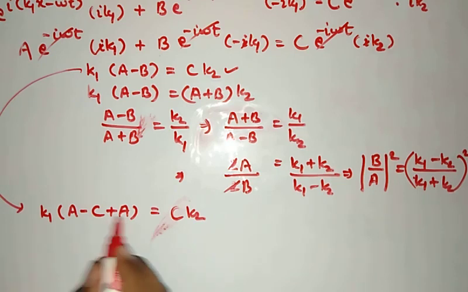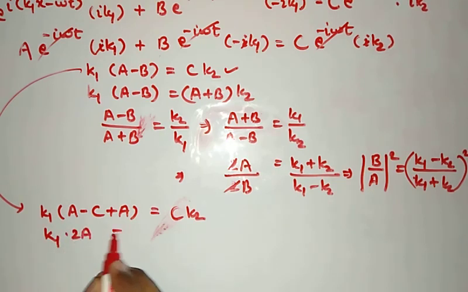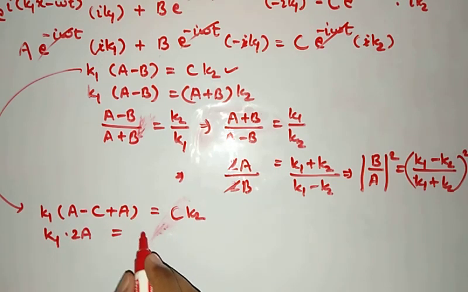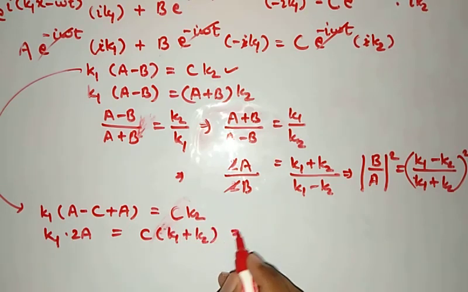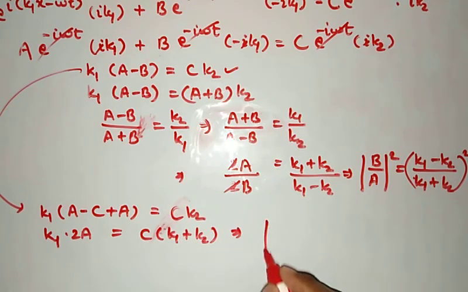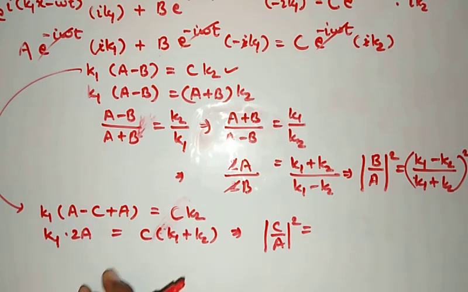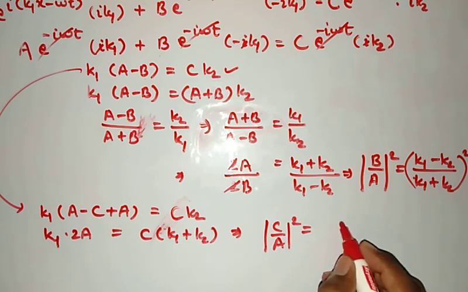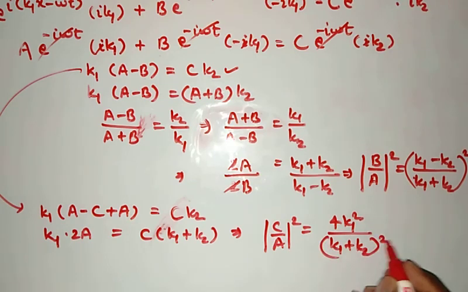This is what 2 times A k1 is, 2A k1, C shifted there, so C (k1 plus k2). This means that mod C by A squared, we will get 4 k1 square upon (k1 plus k2) squared.